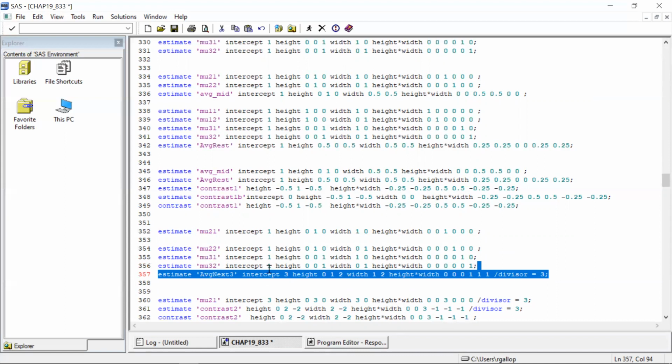So 1 plus 1 plus 1 is 3, I got the divisor 3. The height, 0, 1, 2, divided by 3. The width, 1, 2, divided by 3. And then adding these up coordinate-wise, 0, 0, 0, 1, 1, 1 divided by 3.